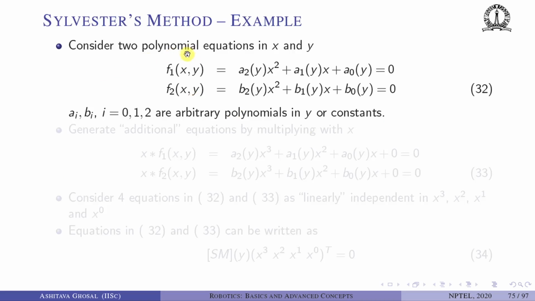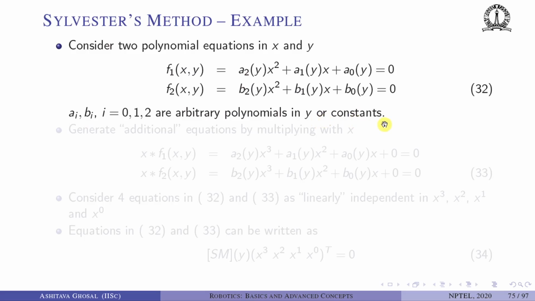Consider two polynomials in x and y. f1 of x comma y is given by a2 of y x square plus a1 of y x plus a0 of y. So it is quadratic in x, but the coefficients could be arbitrary functions of y. We have these two polynomials, and ai, bi are arbitrary polynomials in y or constants.